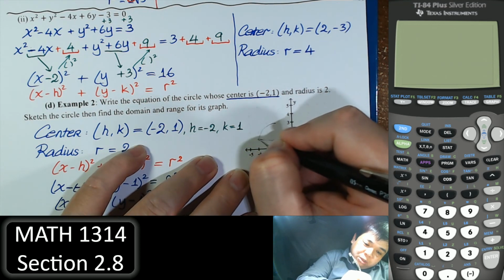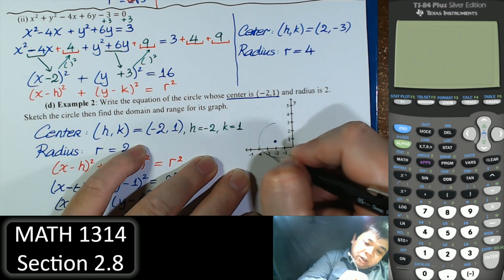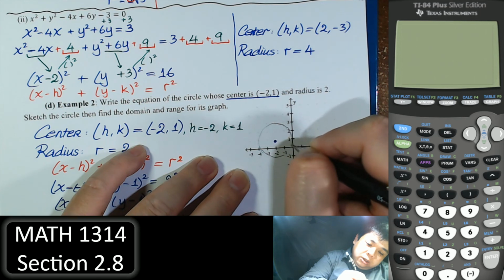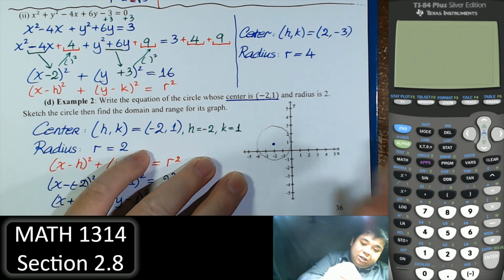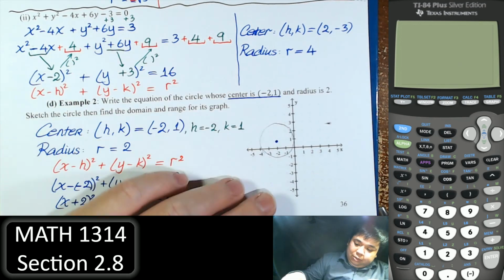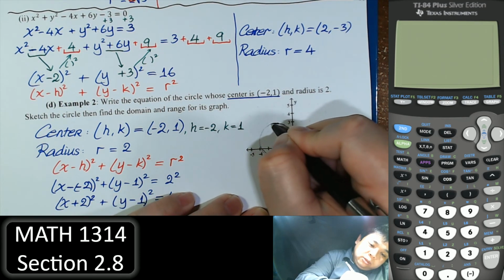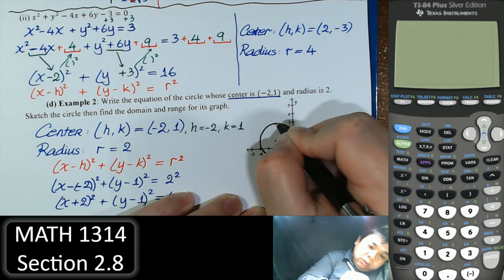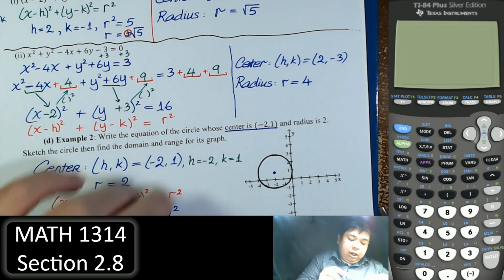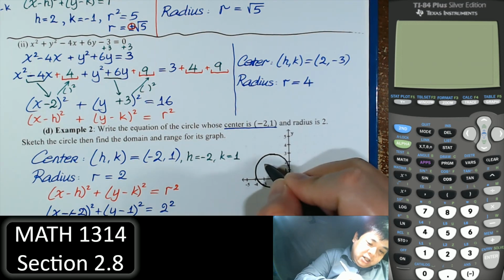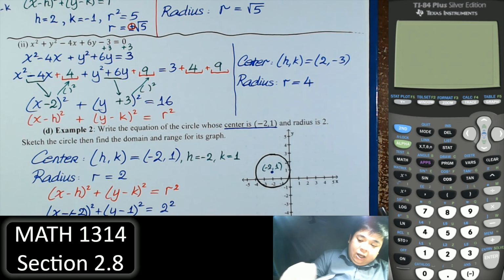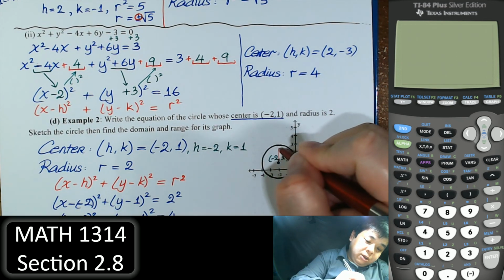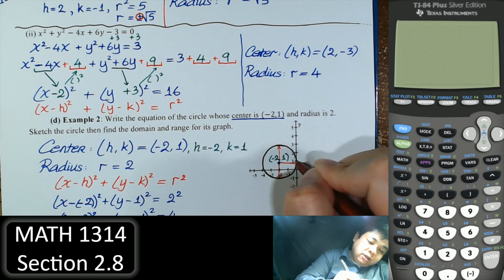Just a sketch, not going to be perfect. The center is at negative 2 and 1, and we go 2, the radius, in every direction: 2 up, 2 down, 2 left, 2 right.